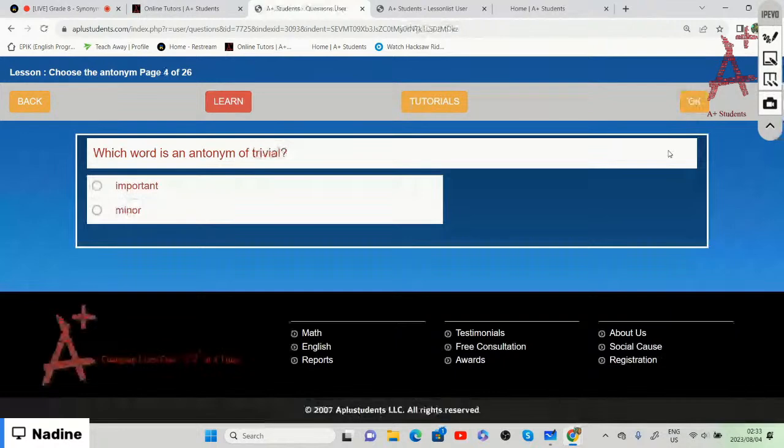And then which word is an antonym of trivial? Trivial. Is it important or minor? So what does trivial mean?